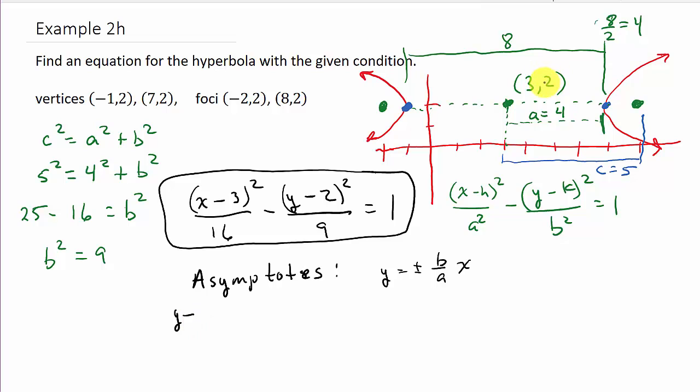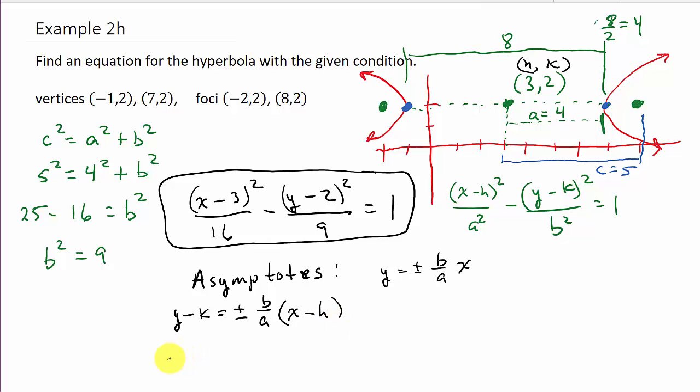Well, that's 2. That's y minus k, because remember, this is in the form hk, and I'm just going to give you the general equation here, equals plus or minus, and then that's going to be b over a times x minus then this term h.